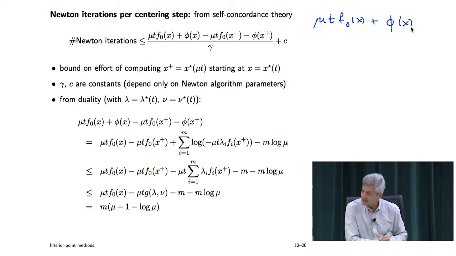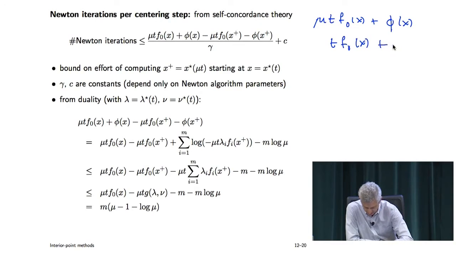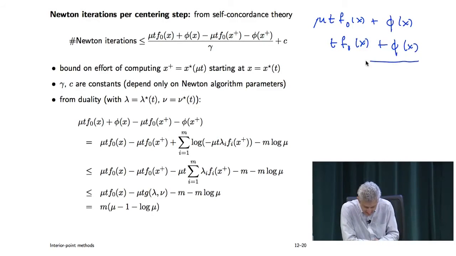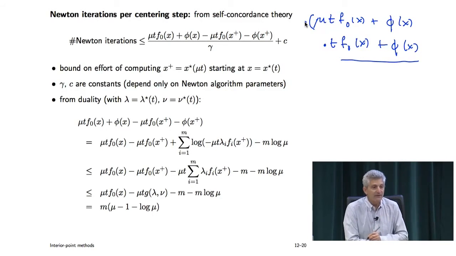We're going to minimize this, starting from the minimizer of t f0 of x plus phi of x. That's what we're going to do, right? Because we've minimized this. That's x star of t, right? And then we're going to increment t by multiplying by mu. And then we're going to minimize this function. So starting from the minimizer of this function, we're going to find the minimizer of that.